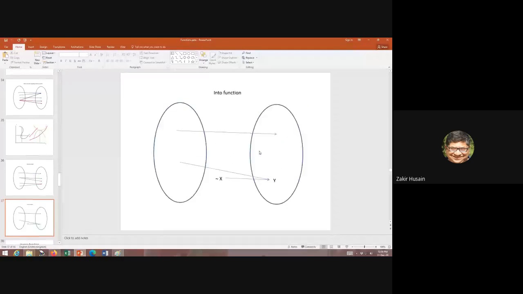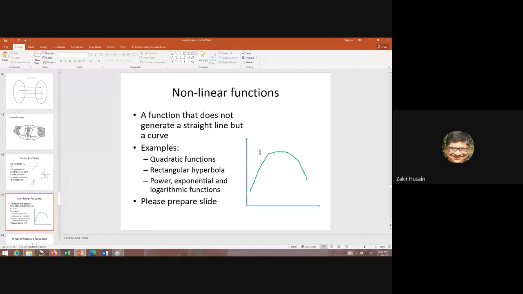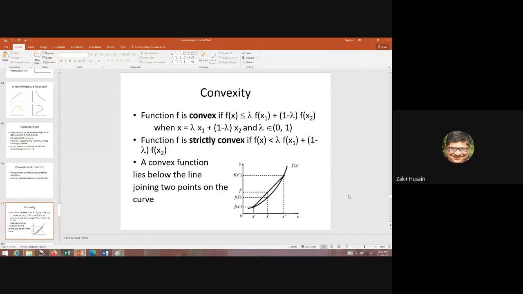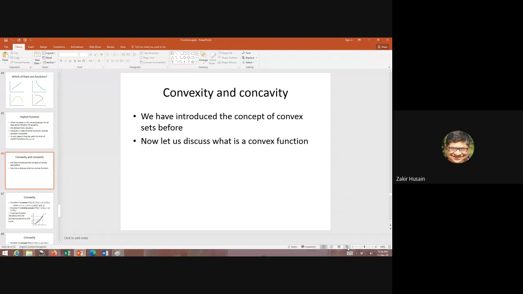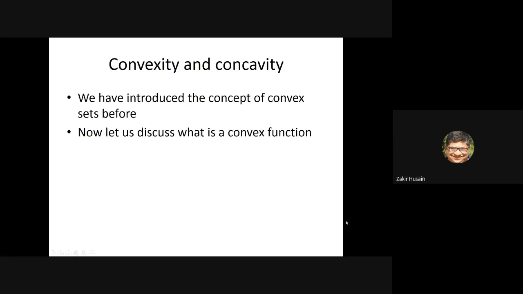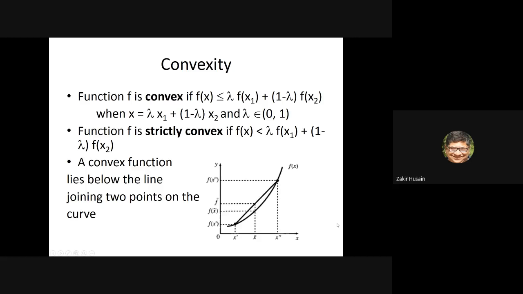So we had defined convex sets in this way. Now, when we are using functions, we can also define convexity. A function f is convex. See, this is the mathematical definition. Just go through it.